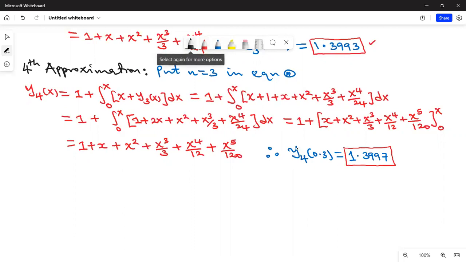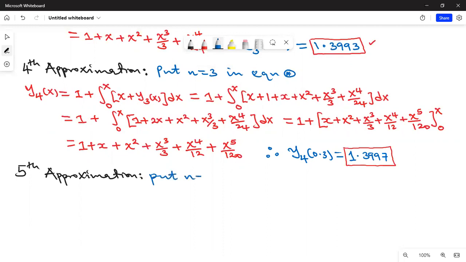So you can write here, fifth approximation. In this case, you need to substitute n is equals to 4. So I put n is equals to 4 in equation star.